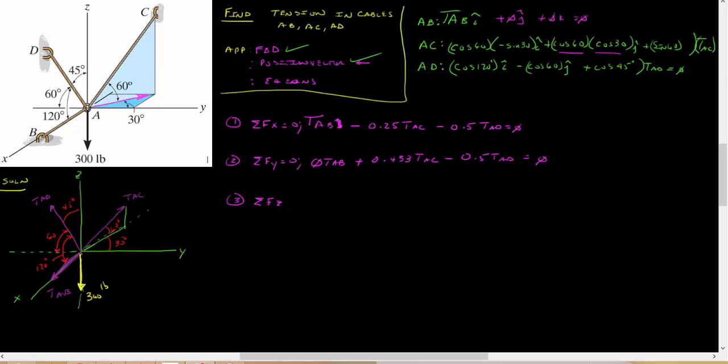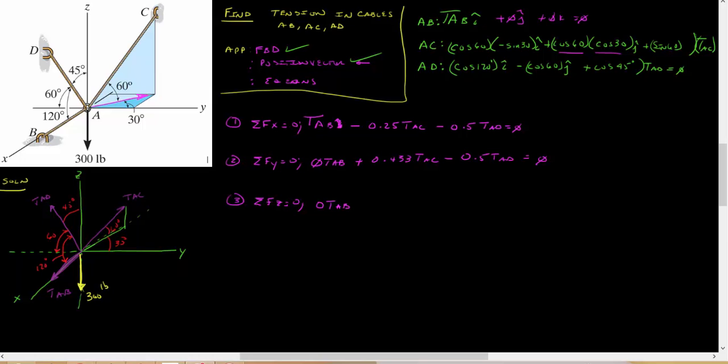And my last thing I'm going to do here is sum my forces in the z, which I have TAB, which is going to be 0k, so 0 TAB.